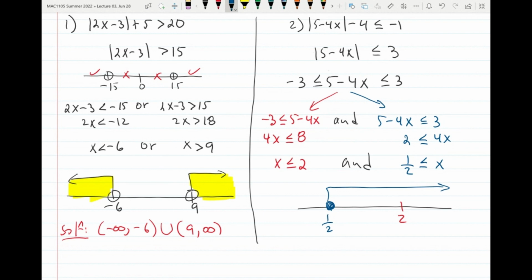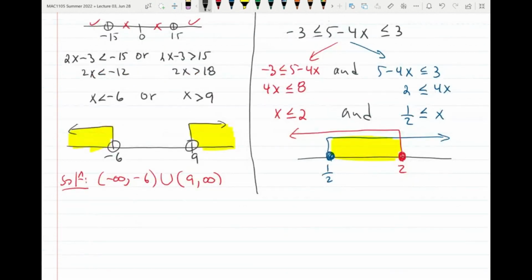So we go right. And then for the other one, we include 2. Do we go right or left? Go left. Because it's and, remember, we have to look at the intersection. That's the common region. And so in this case, we get the solution bracket 1/2, comma 2. Bracket both times.